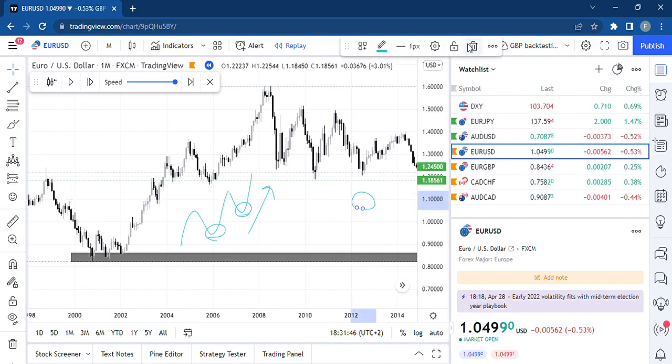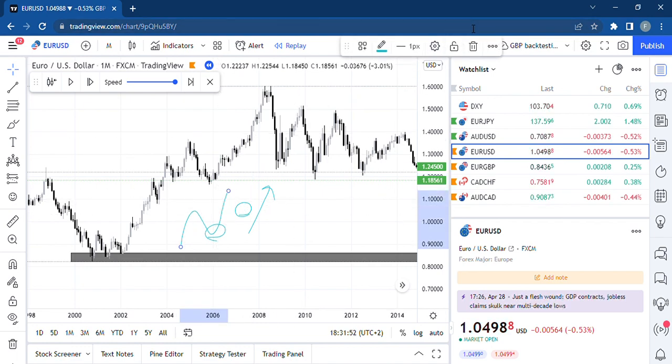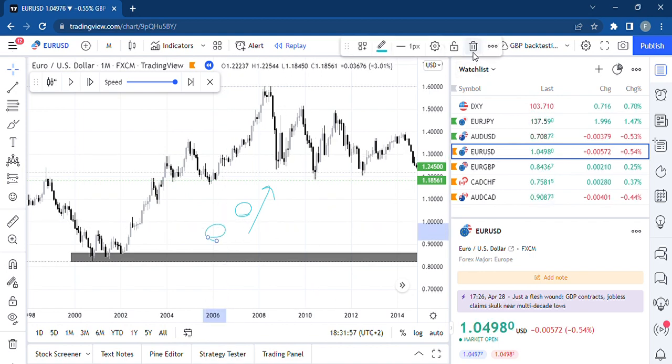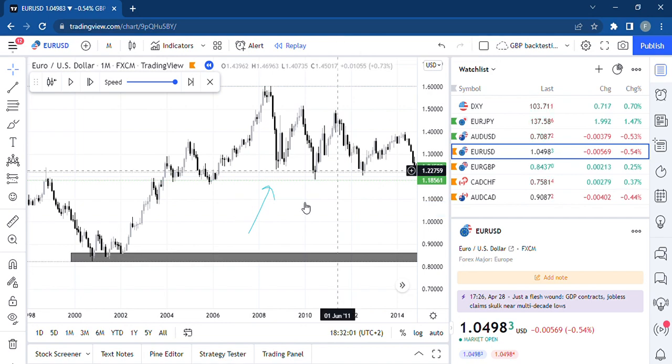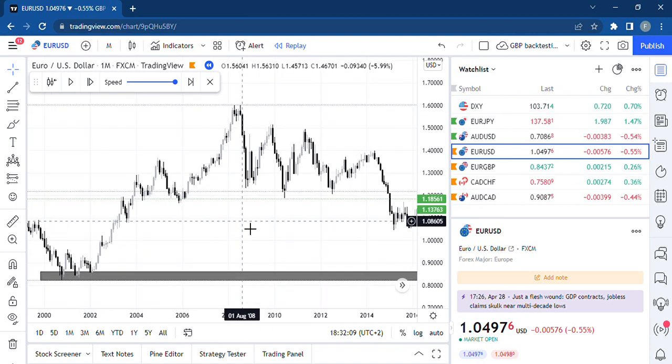You have to go through some stuff. Anyway, that's market movement. The market moves in higher highs and higher lows, and if the market's going down, it creates lower highs and lower lows. That's about it.